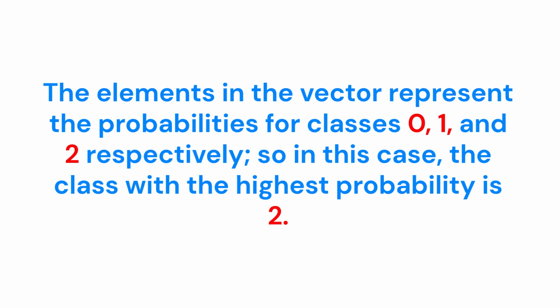The elements in the vector represent the probabilities for classes 0, 1, and 2 respectively. So in this case, the class with the highest probability is 2. Regardless of which type of algorithm is used, the model uses the resulting function to determine the most probable class for a given set of features, x, and predicts the corresponding class label, y.